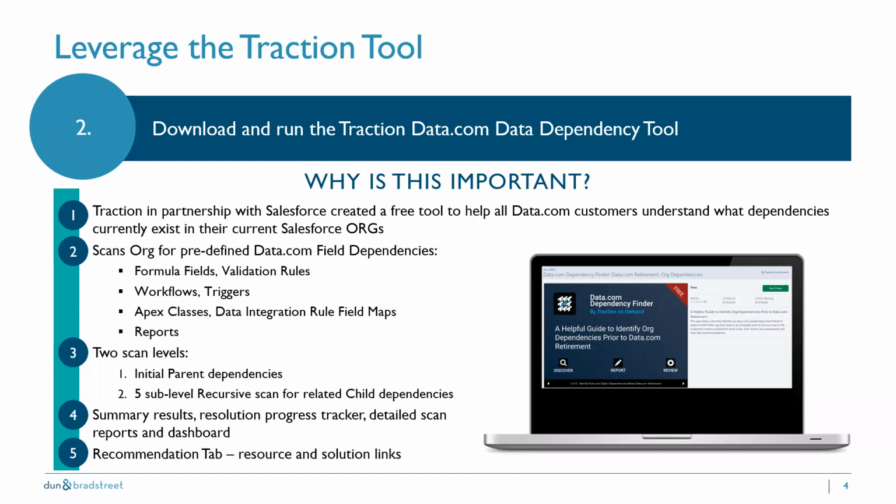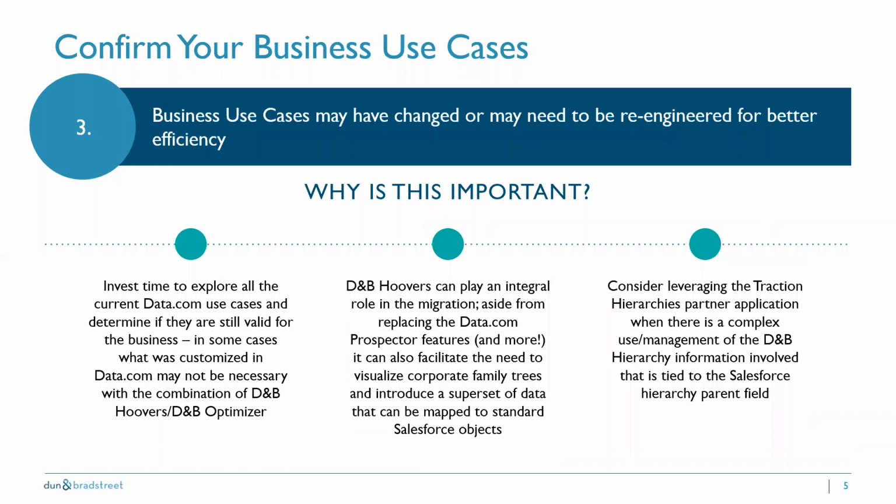In our next slide, the thing to keep in mind also is that as we work with customers, there are a few things that I noticed specifically about the migrating customers. Some of them who've had data.com for many years built and customized data.com based on the use cases they had back then.